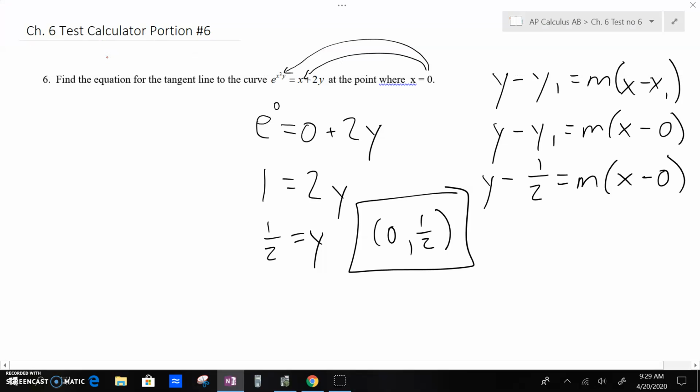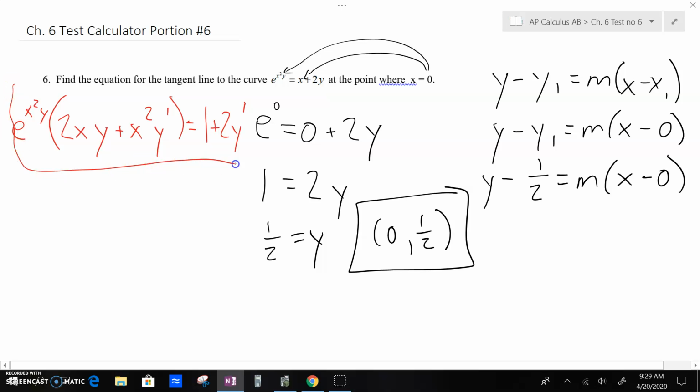If I take the derivative on the e to the x squared y, and derivative of e is always the e times, I have to use the product rule to do the derivative of the inside, which is the power. So it's going to be 2xy plus x squared y prime equals, and then if I do the derivative of the right-hand side, I'm going to get 1 plus 2y prime. So that's derivative of x is 1, derivative of 2y is 2y prime.